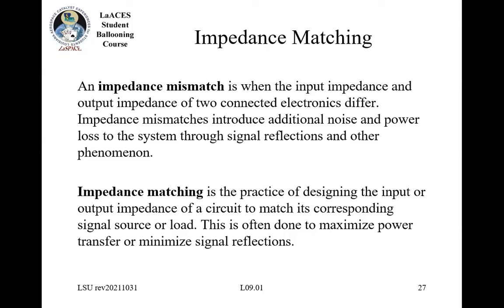Basically, you can get a signal that's reflected back, so if it's a time varying signal, you'll get it echoing. But most importantly, if you match the input and output impedance, the signal at the input is at its maximum. You'll be sending the maximum amount of power into the input, which means we're getting the biggest signal out that we're reading out. That's why you want to try and match the input and output impedance.